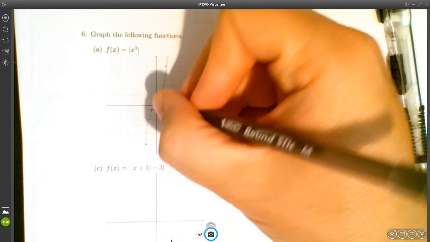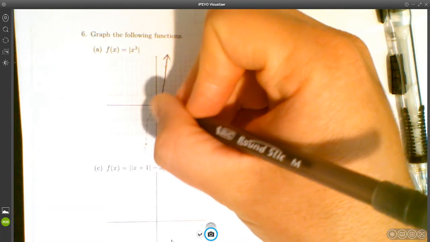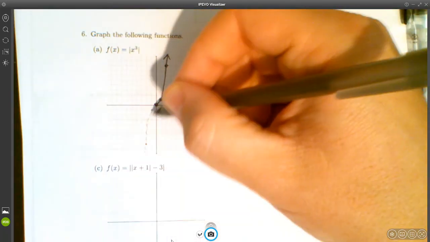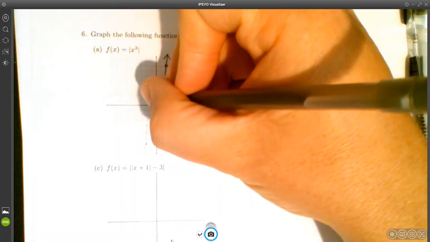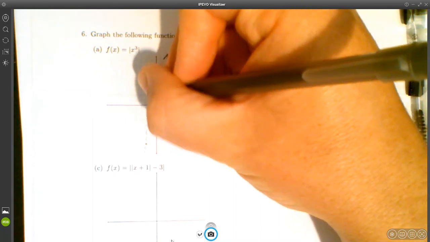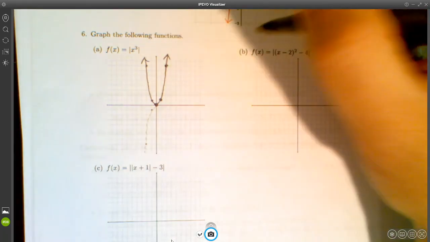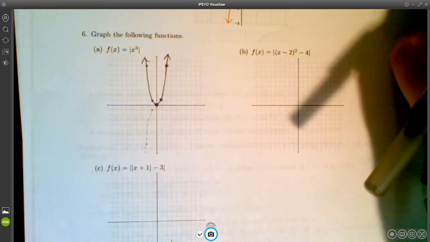That means that here it's going to look identical, no problem. But on this side, it's going to bounce back up, like that and like that. So you would get this thing that ends up kind of looking like a parabola, but it's the absolute value of a cubic.